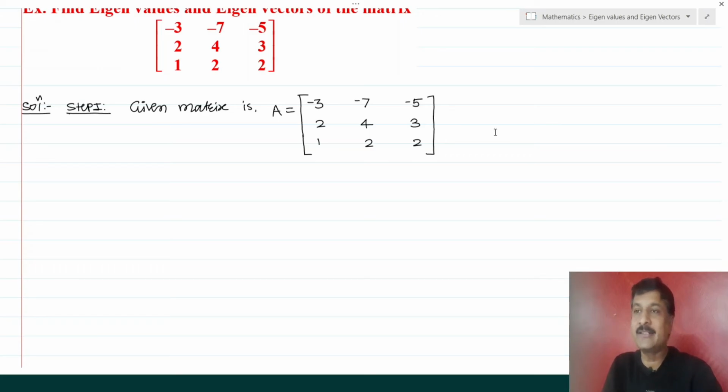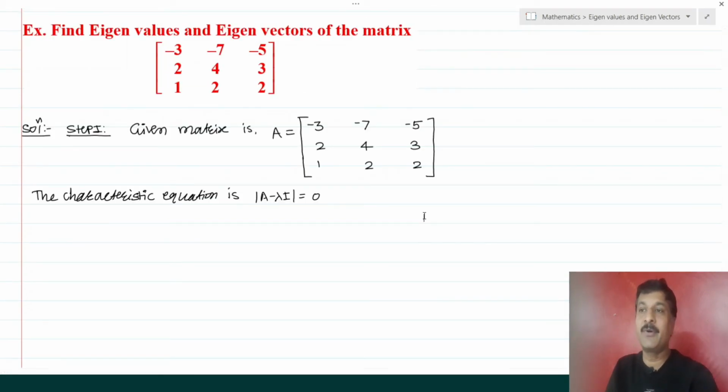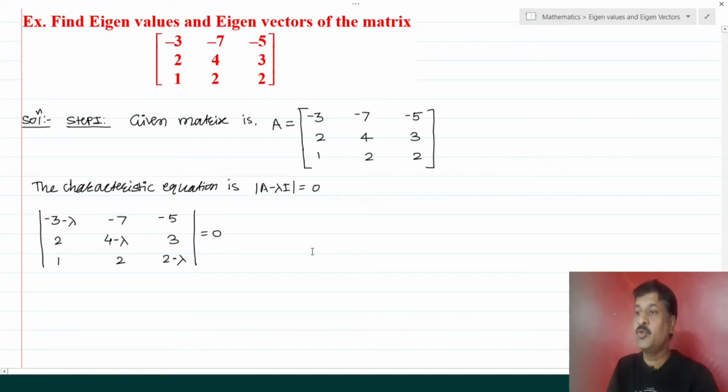What is the characteristic equation of this matrix A? It is the determinant of A minus lambda I equal to 0. And therefore, I am getting the determinant of A minus lambda I: minus 3 minus lambda, minus 7, minus 5, 2, 4 minus lambda, 3, 1, 2, 2 minus lambda, equal to 0.